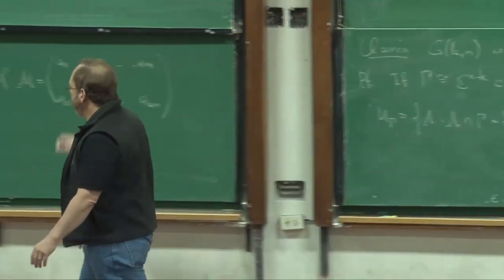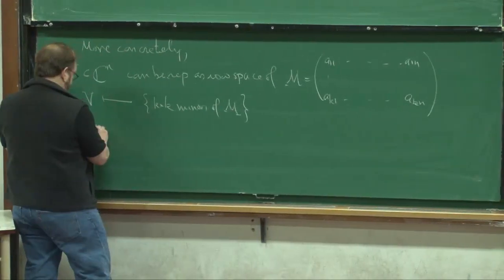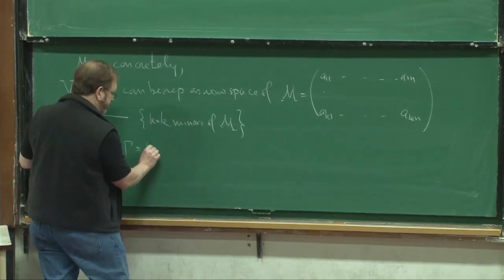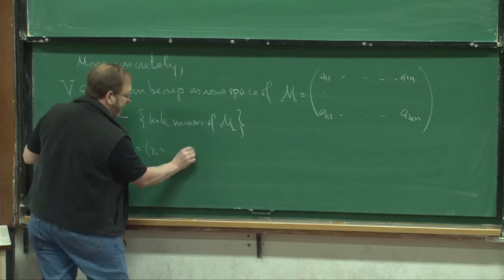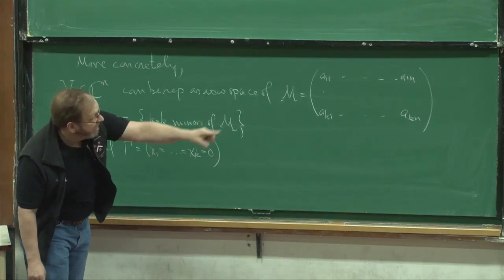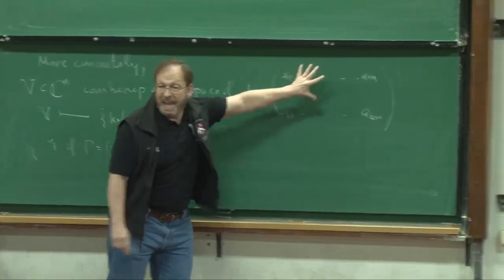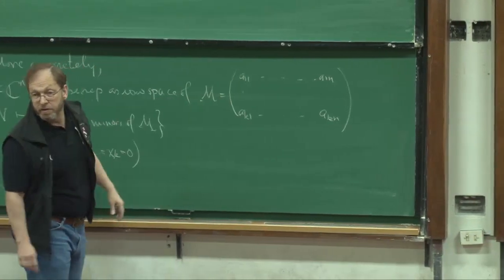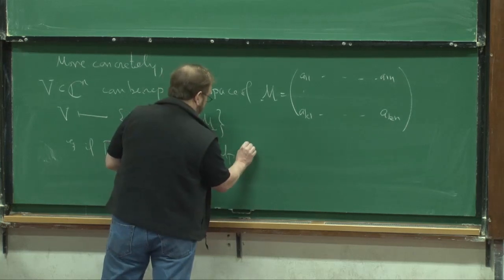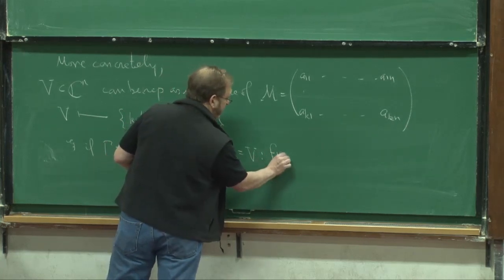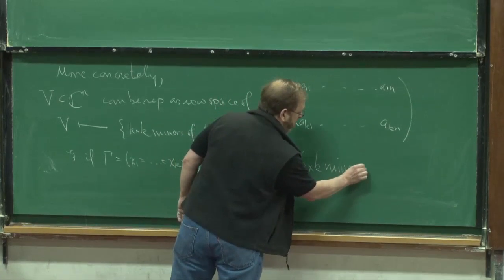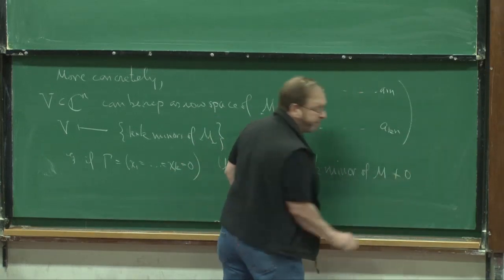And the reason is, we can go back to this matrix and, for example, if gamma is just the locus where the first k coordinates vanish, so x1 equals ... equals xk equals 0, then this open subset is just the locus where the first k by k minor is non-zero. So in that case, U_gamma is the set of V such that the first k by k minor of M is non-zero.